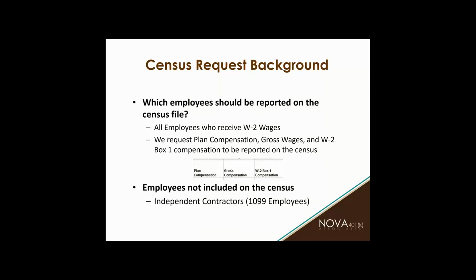All right. So we have these three types of compensations that we're asking for on the census file. The first two are required. The third is not, but we still ask for it. So if you have that information, please provide it.